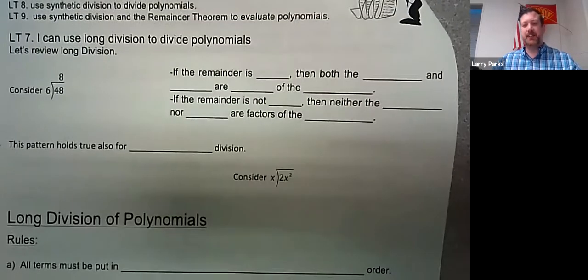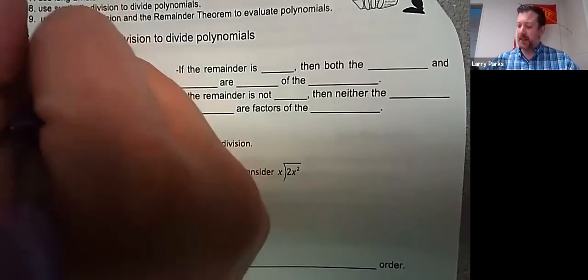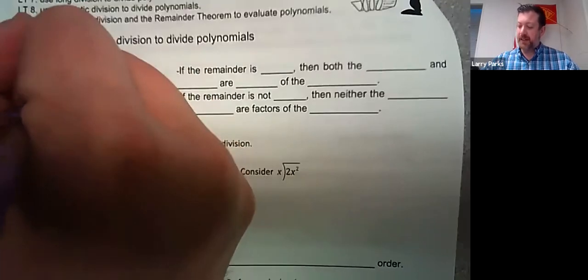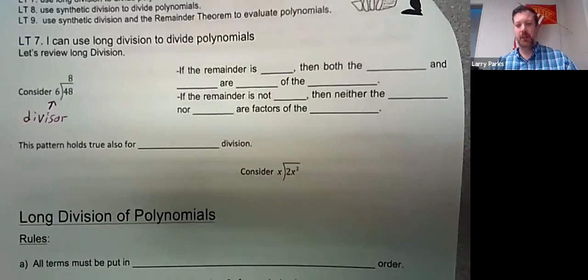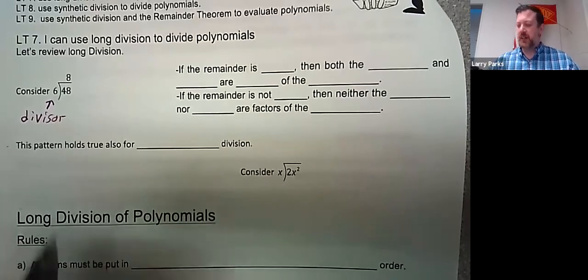But let's go ahead and start off with a little bit of review from grade school. So we call this number, we call that the divisor. What are you dividing by? And then the thing you're dividing into, we call that the dividend.